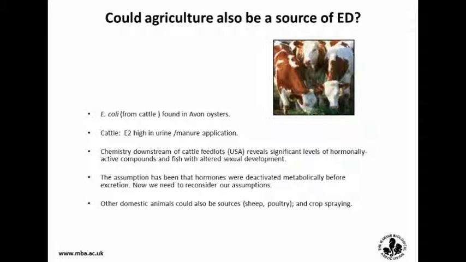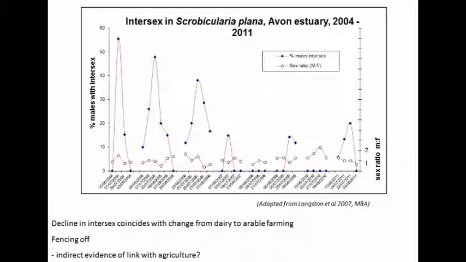And this was looking at the effect in clams over several years between 2004 to 2011, where we saw a gradual decline in the incidence of intersex in male clams, and this coincided with changes in how cattle were being managed within the catchment. And this was driven, as Nick was saying earlier, a sort of a side effect of looking at one problem, because this was driven very much by the oyster farmers in the Avon estuary.